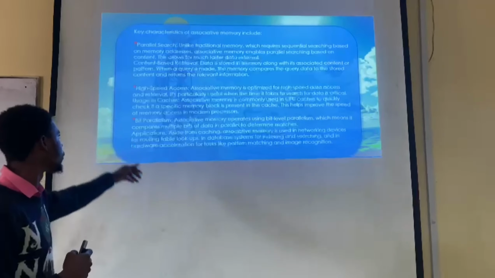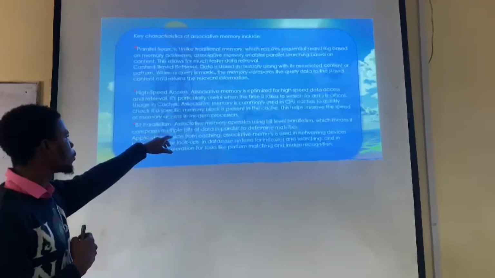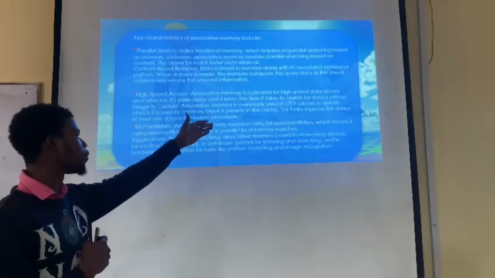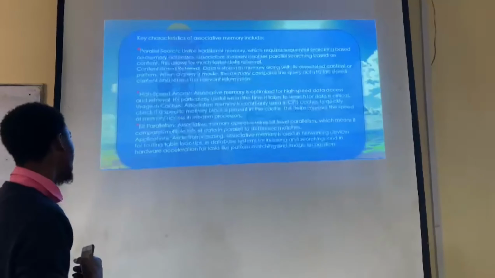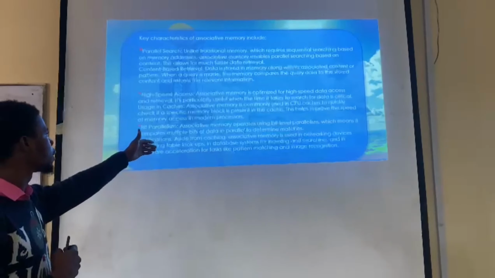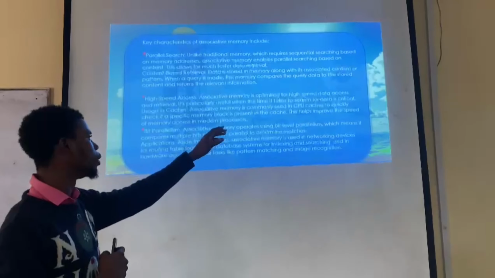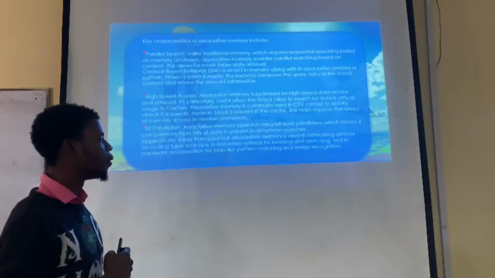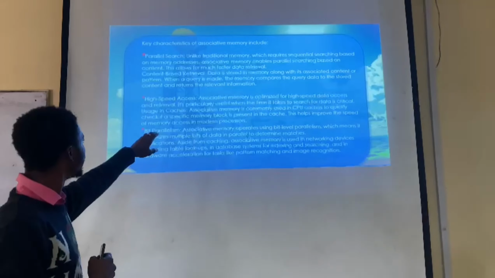So let's go to the next one, which is the high-speed access. Associative memory is optimized for high-speed data access and retrieval. It's particularly useful when the time it takes to search for data is critical.